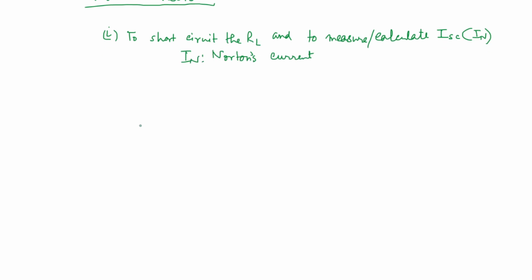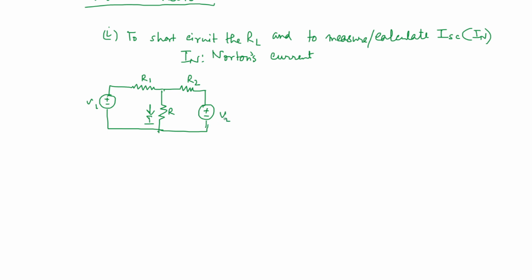So let me figure out our actual network diagram. We have V1, then we have R1, then we have R, then we have R2, then we have V2.